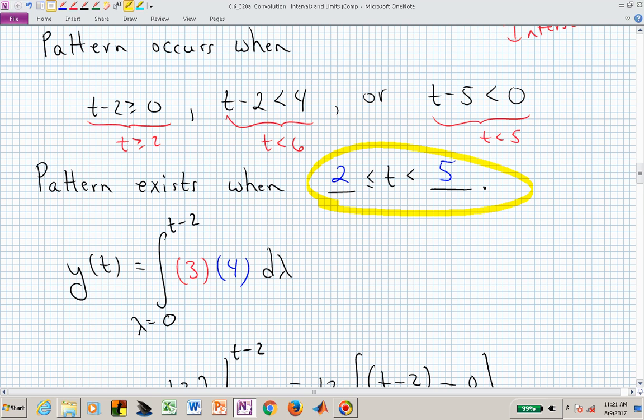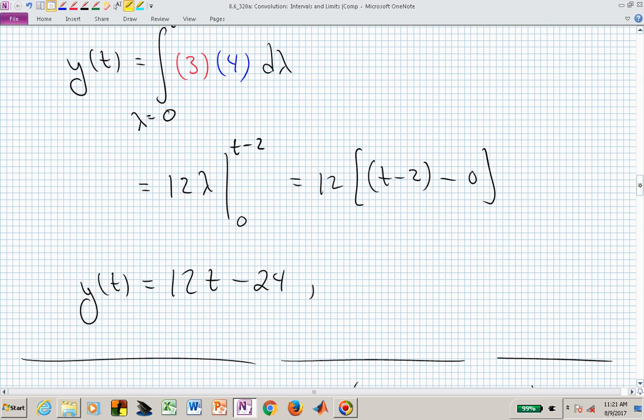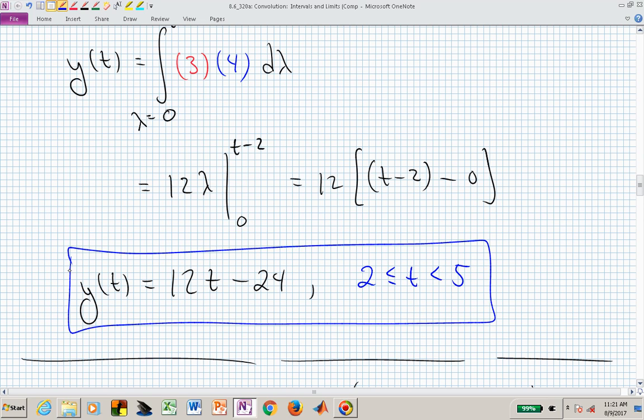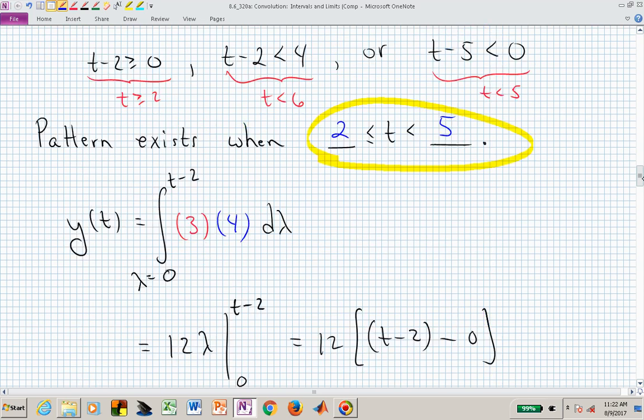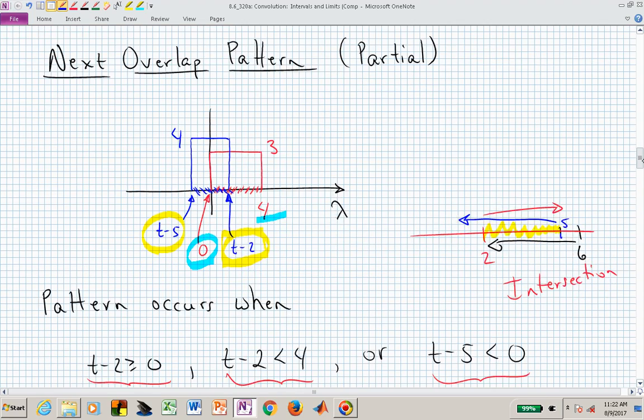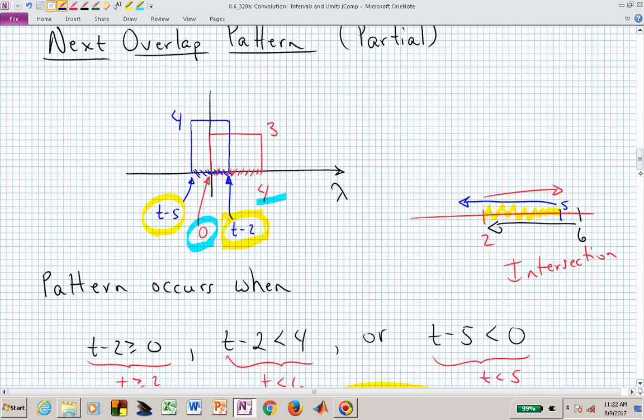So in that interval from 2 to 5, I have this expression for y of t. And I hope it's clear that 2 is not equal to the lower limit and 5 is not equal to the upper limit of the integration process. So my intervals and limits are distinct or unique. That's for this particular pattern.